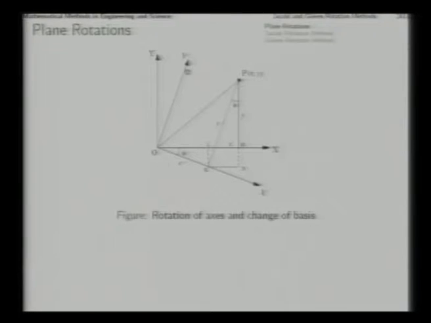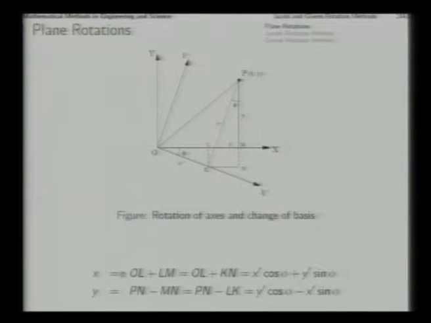Now, in the new x prime y prime axes, the new coordinates are x prime and y prime, that is OK and PK. Now, if we want to express the old coordinates x and y in terms of these new coordinates x prime and y prime, then this x, OM, is a sum of OL plus LM, right.